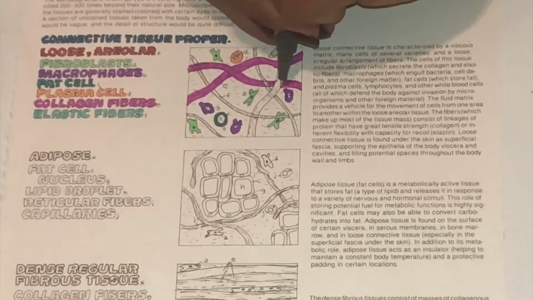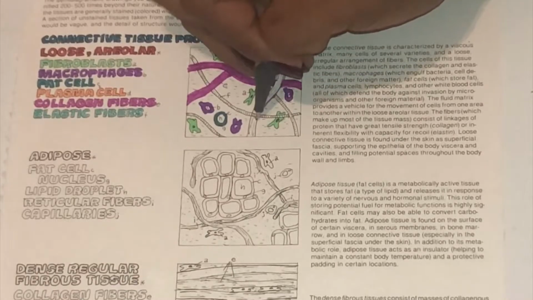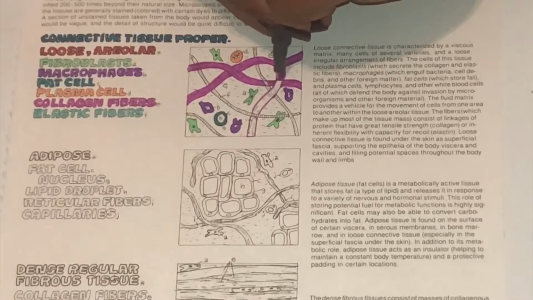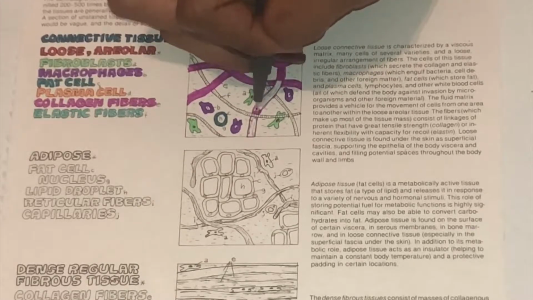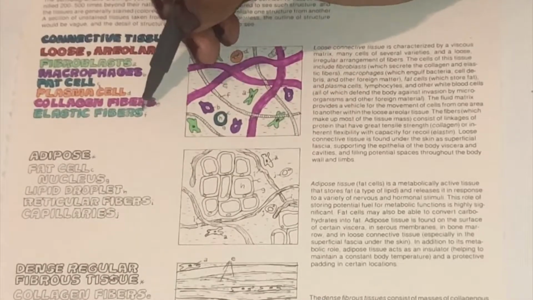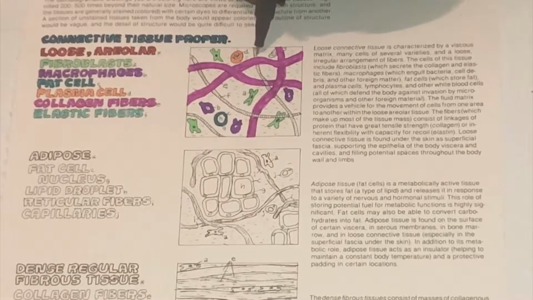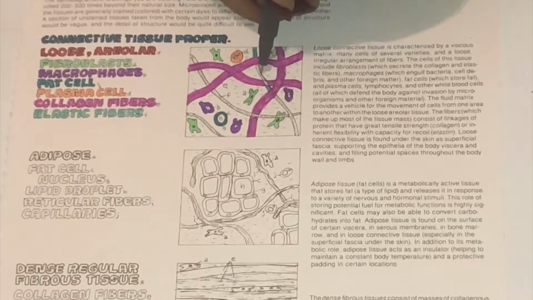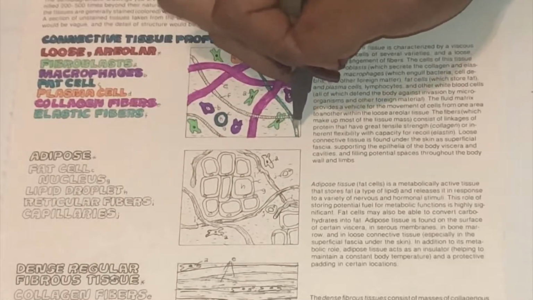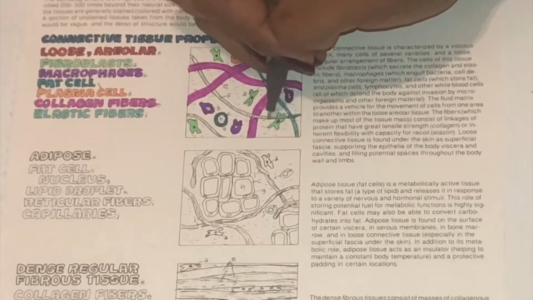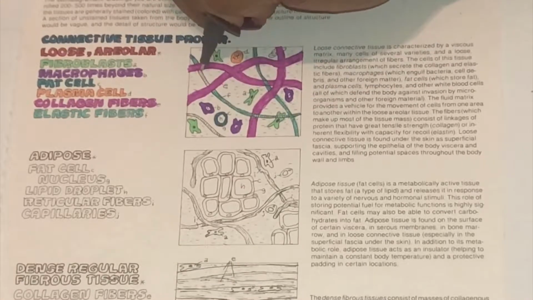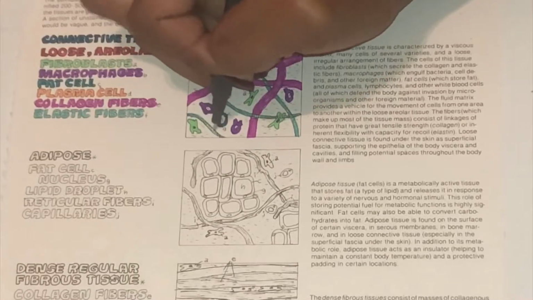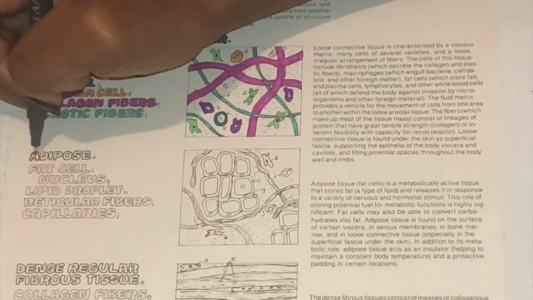The cells of this tissue include fibroblasts, which secrete the collagen and elastic fibers, macrophages, which engulf bacteria, cell debris, and other foreign matter, fat cells, which store fat, and plasma cells, lymphocytes, and other white blood cells, all of which defend the body against invasion by microorganisms and other foreign material.